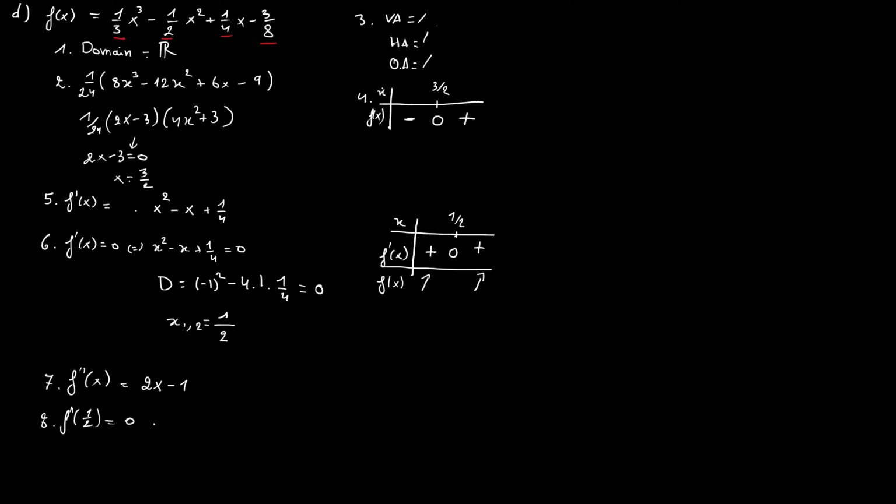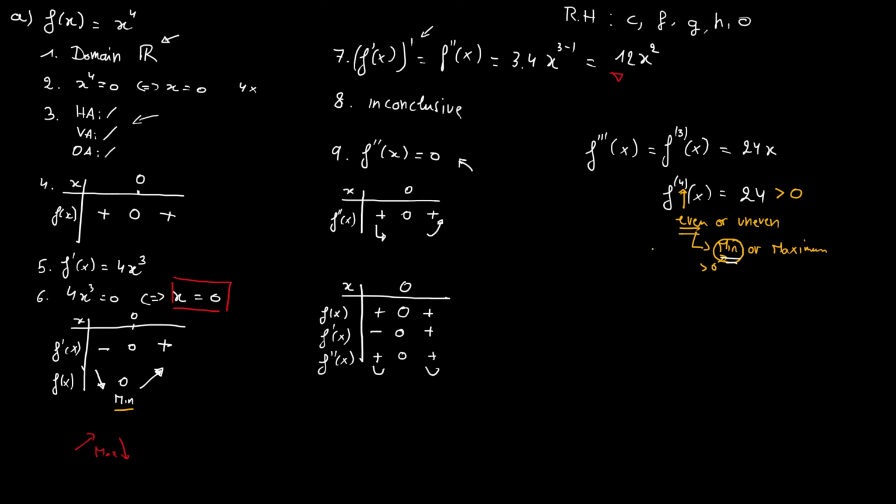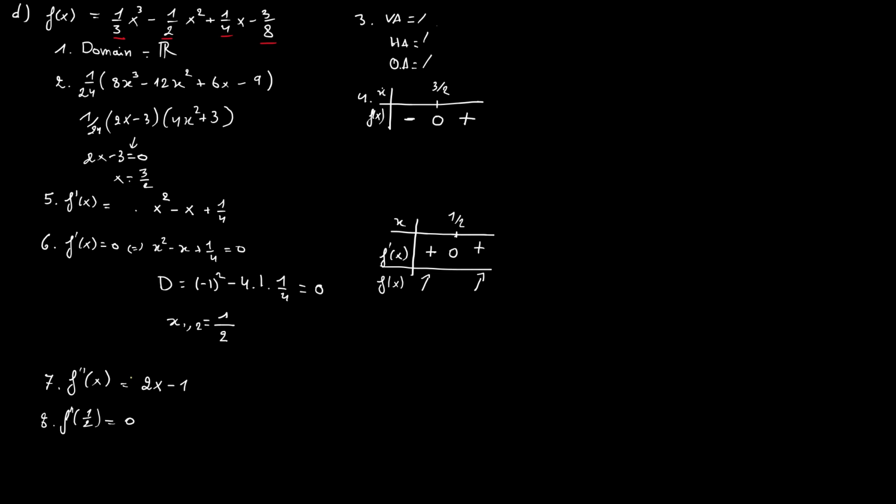So the test fails and it doesn't tell us anything. Again, we could follow the logic that I did before: we keep deriving as long as we still have information left in the function. So let's derive it one more time. The third derivative is going to be the last one that has information, because it's equal to 2. If we derive this one more time, we just have 0 because it's a constant.